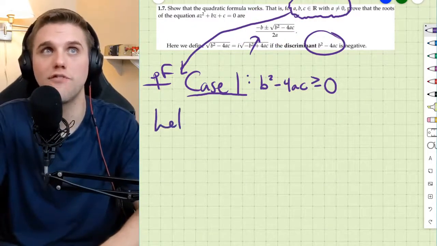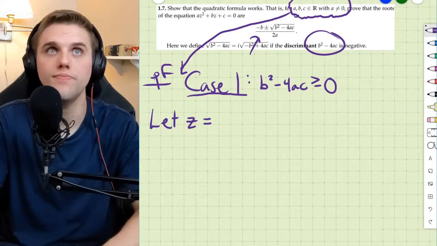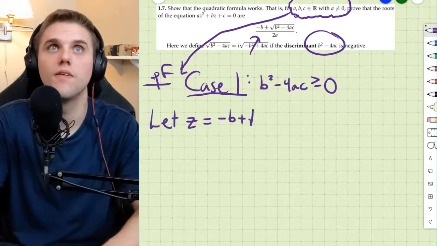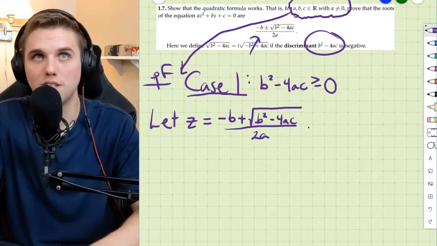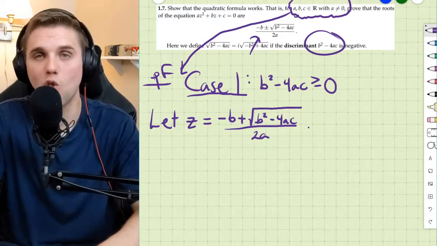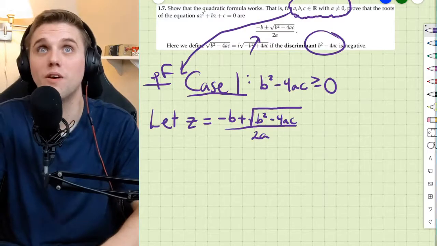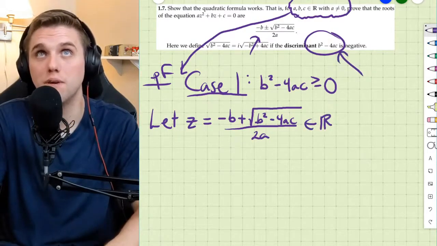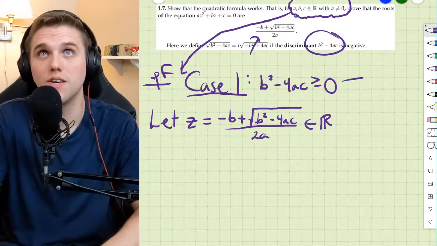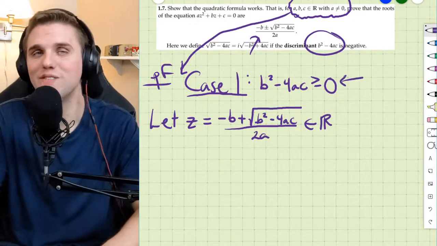So let's try the first one. Let z equal negative b plus the square root of b squared minus 4ac all over 2a, which is a real number because b squared minus 4ac is non-negative.